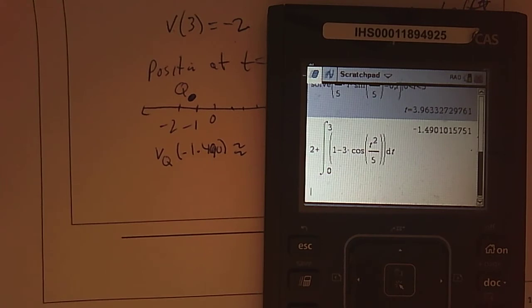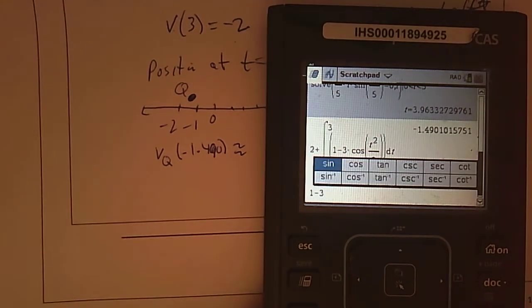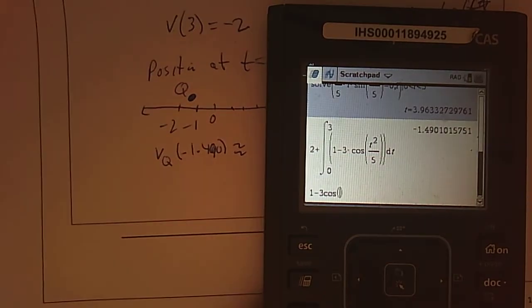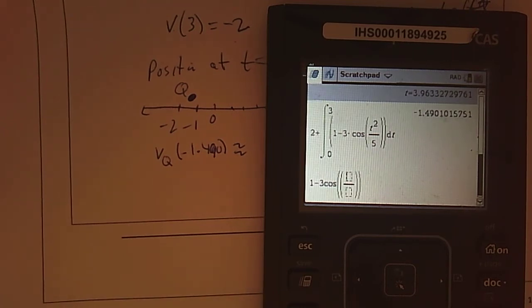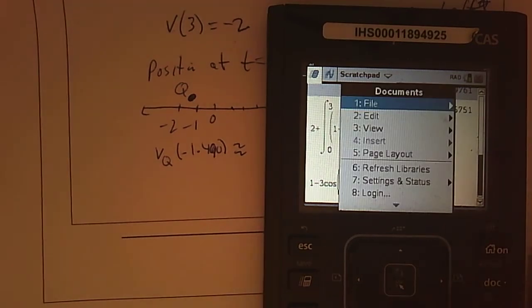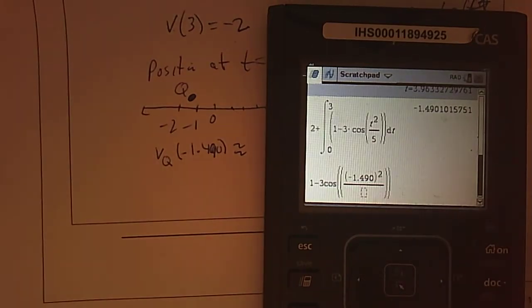If I want to find the velocity of Q, it gives me an equation for velocity. So I'm going to do it. So it's 1 subtract 3 cosine t squared over 5, but we know what t is. So t is negative 1.490. It needs its own parentheses, so you don't make a mistake with the sign. So negative 3 cosine, and it's negative 1.490 squared over 5.